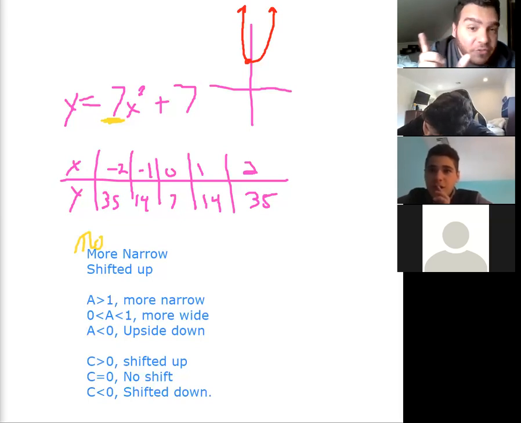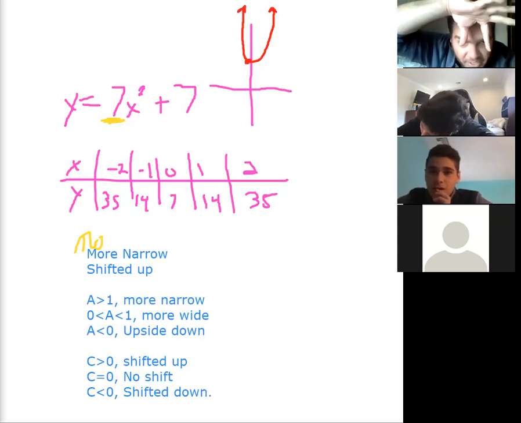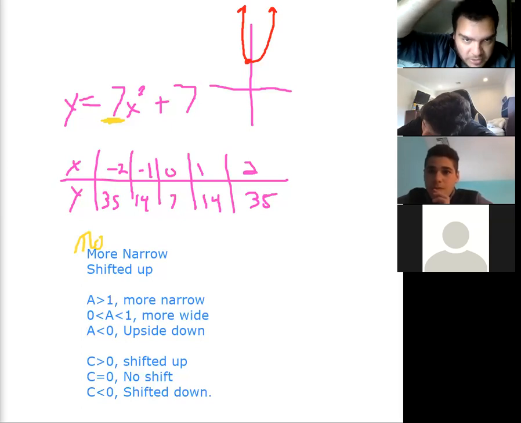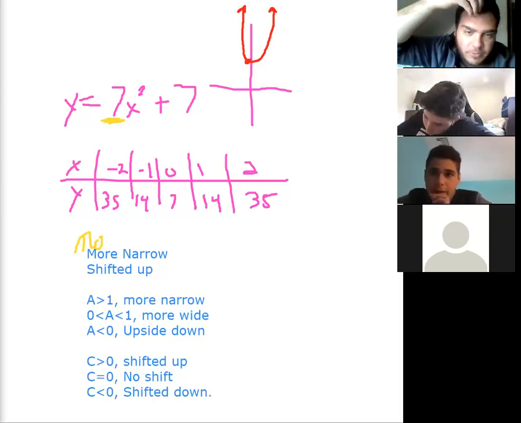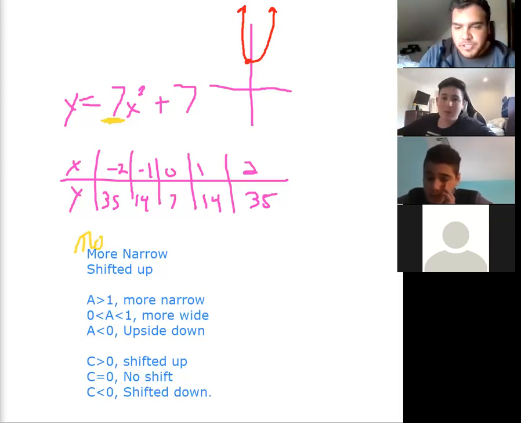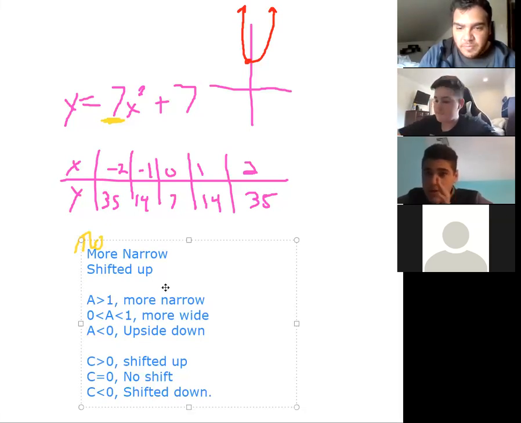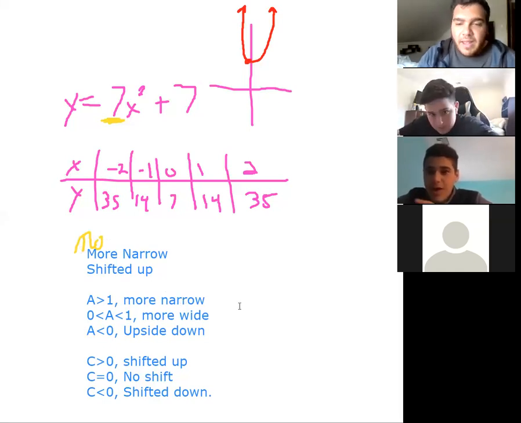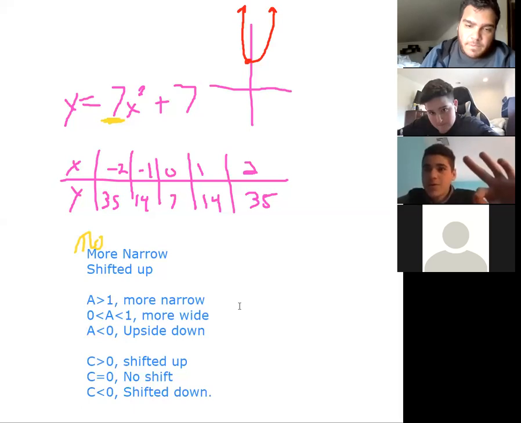If it was negative 2, it'd be upside down and narrower. Because A is normally 1, A has no change. So I write upside down and shifted up, and that's my answer.